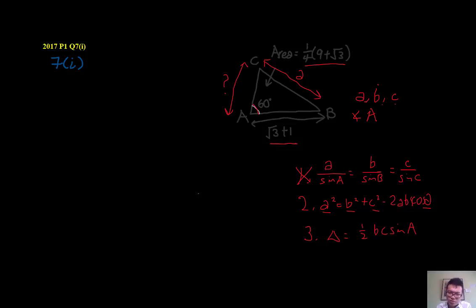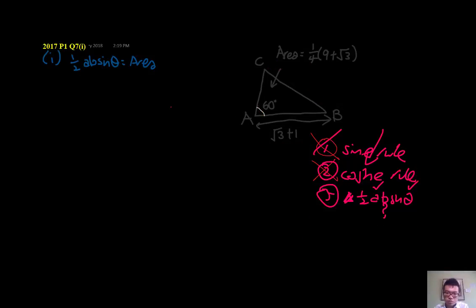So with that, I'll cross out the cosine rule, and what is left is just the area formula itself. With this it's much faster, so I'll just speed this up again. So quickly, having this formula, half AB sine theta, we have the area being 1/4 (9 plus square root 3).